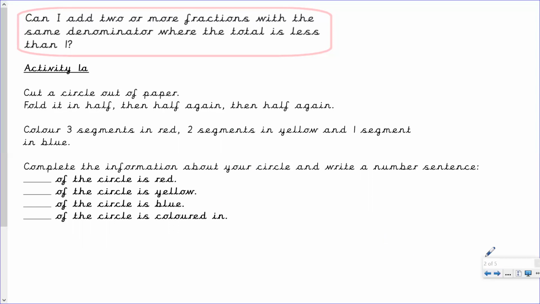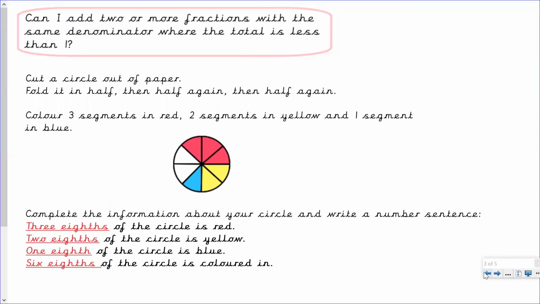Okay. So you should have ended up with a circle that looks like this. You should have 3 segments in red, 2 segments in yellow, and 1 segment in blue.